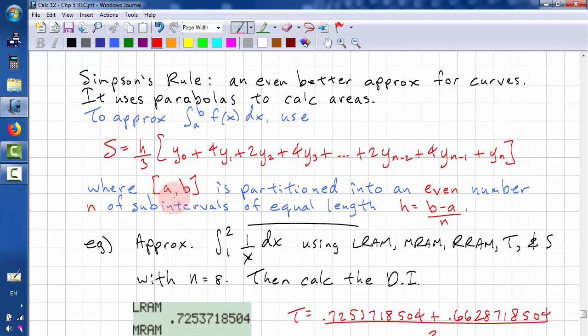Okay, where a to b is a closed interval and is partitioned into an even number of n subintervals of equal length, h is equal to b minus a over n.